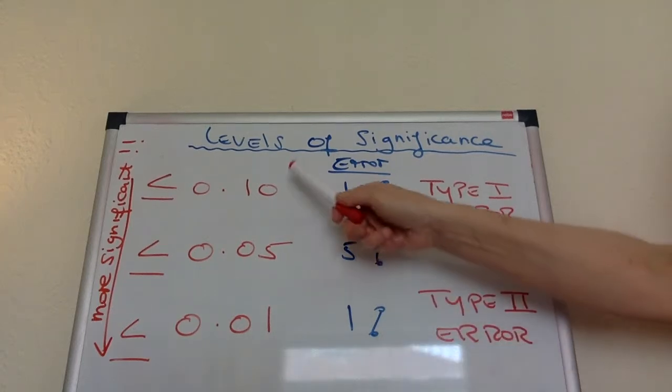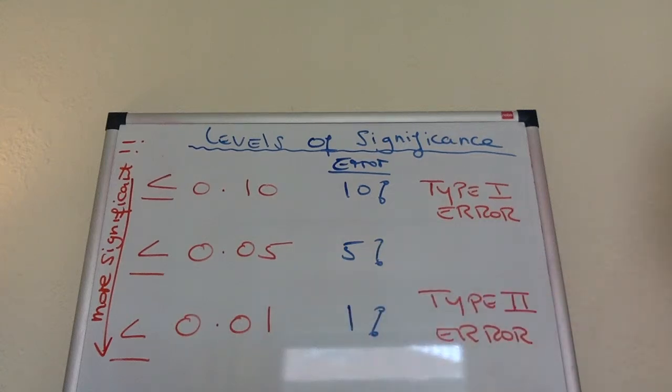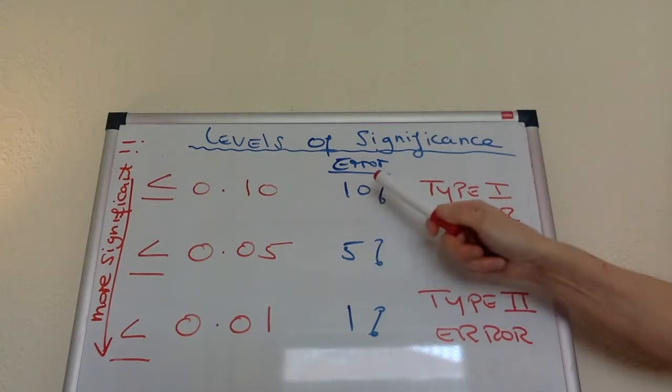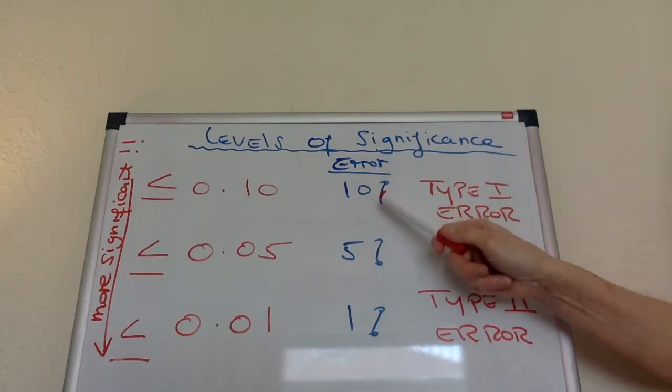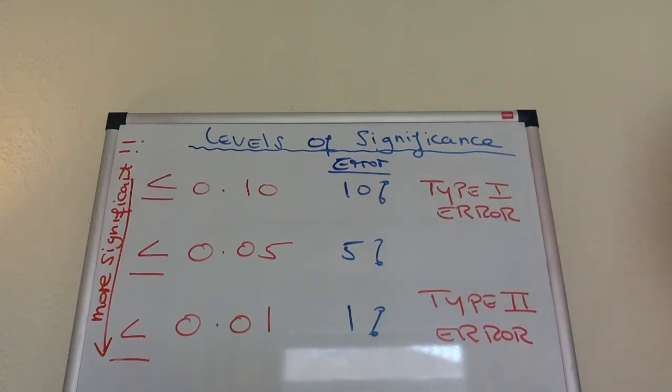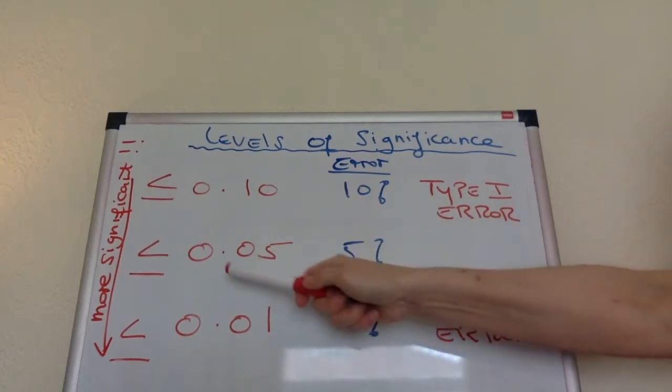So just think of it as a high number, but it's low in terms of significance. Why? Because you've got a 10% chance of having an error. And if you're doing research, a 10% chance of error means only 90% certainty. So that's okay, but it's not that tight. It's not that certain.